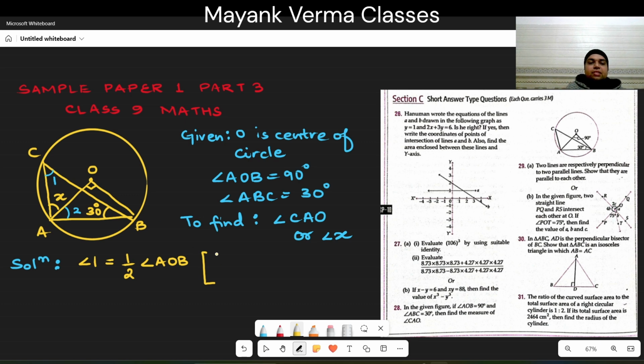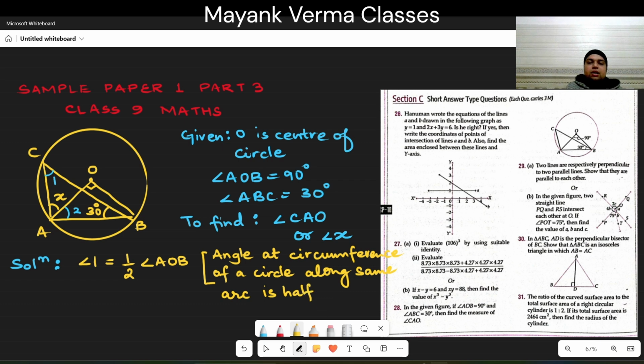So you can say angle at circumference of a circle along the same arc is half of the central angle.